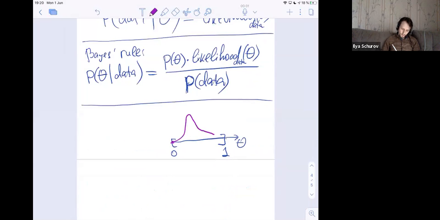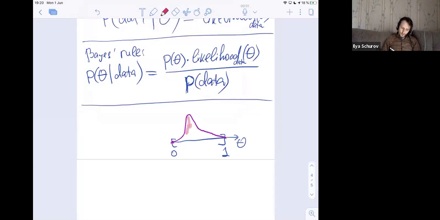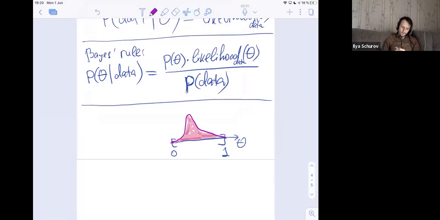Something like this. So this probability density function takes non-zero values only for values from 0 to 1. So this is prior probability density function for theta. So before I see any data, I believe that theta is randomly selected from a segment from 0 to 1 with this probability.